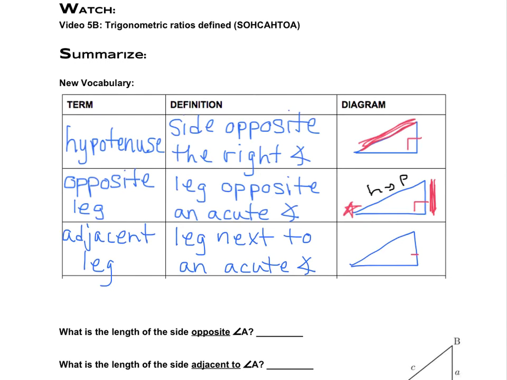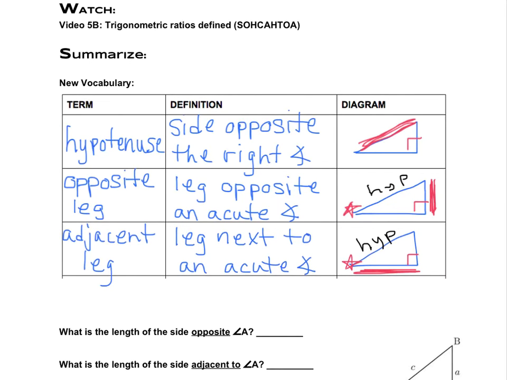Here's my right angle. We already know that this is the hypotenuse, so that is not qualifying as a leg. And again, if I'm sitting at that bottom acute angle there in the corner, then this time the adjacent is going to be this leg right here. Okay, so those are our three definitions that you need to know to start out trigonometric ratios in this section.